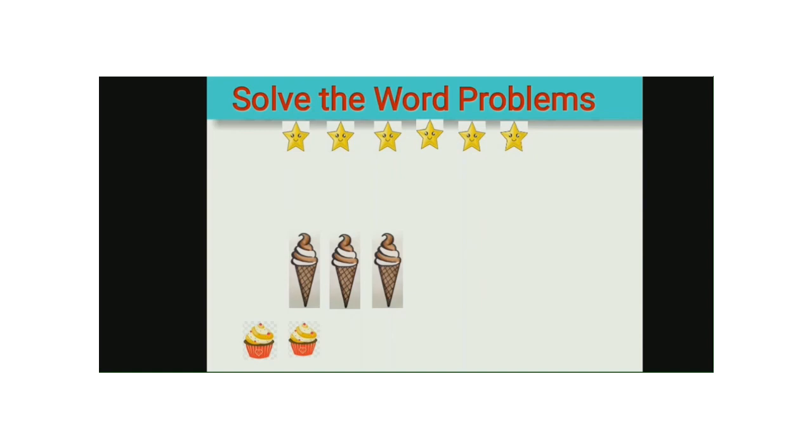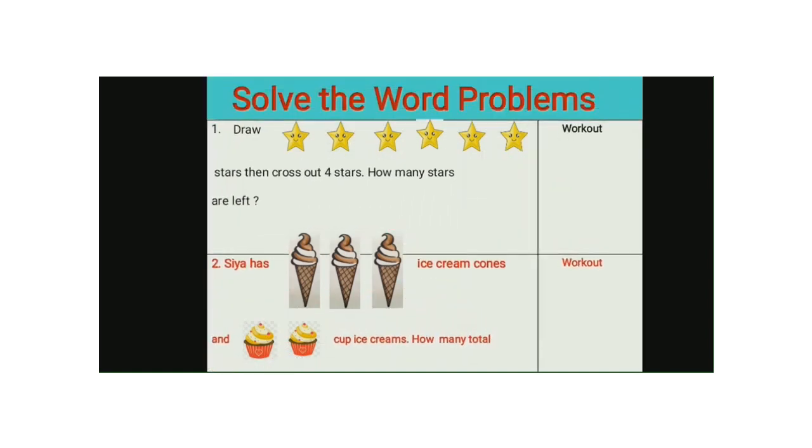Now here's homework for you. Now solve the word problem. Draw 1, 2, 3, 4, 5, 6 stars and then cross out 4 stars. How many stars are left? Again the word left comes over here. So you have to remember in your mind, left means subtraction.